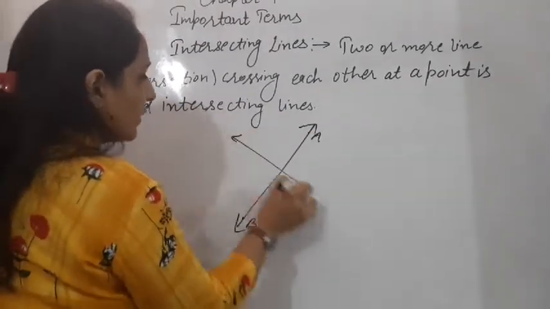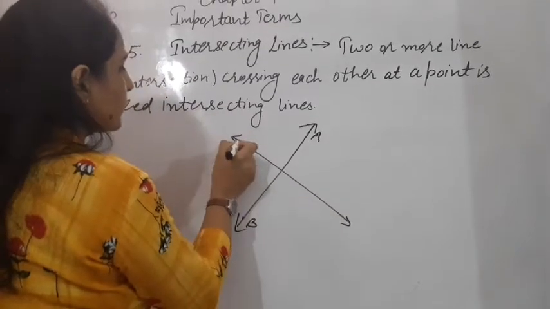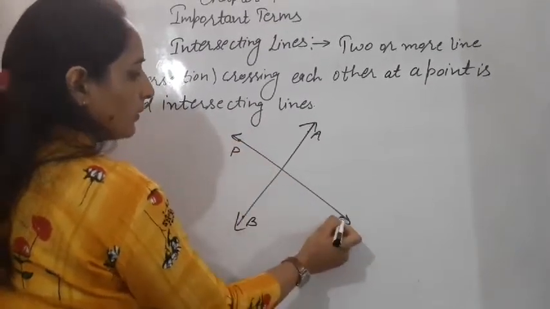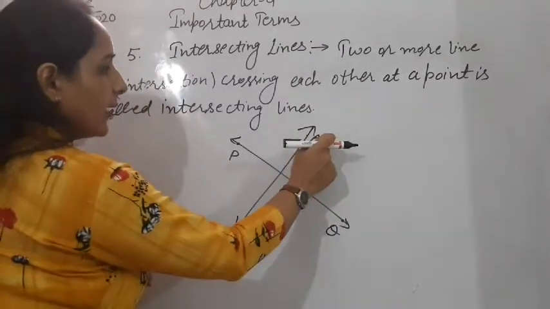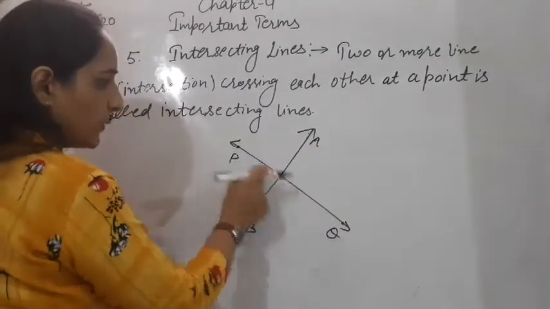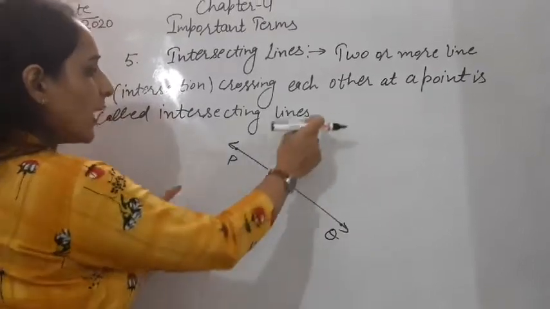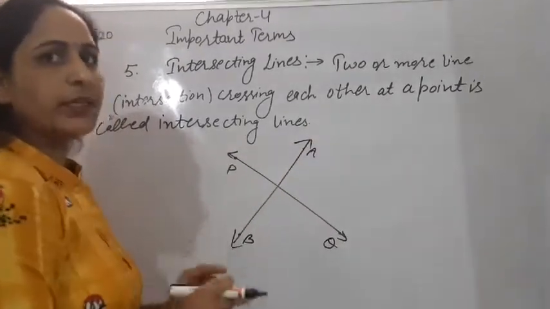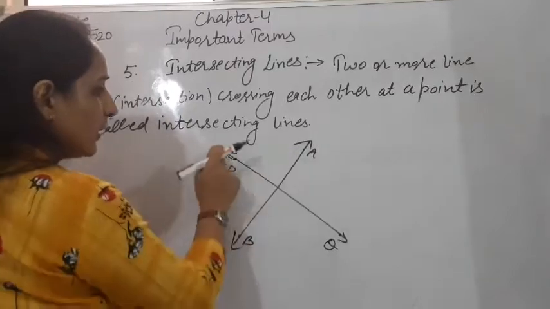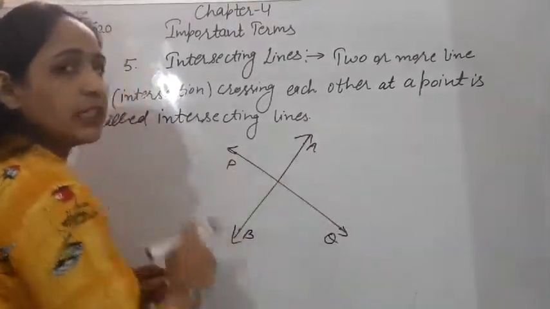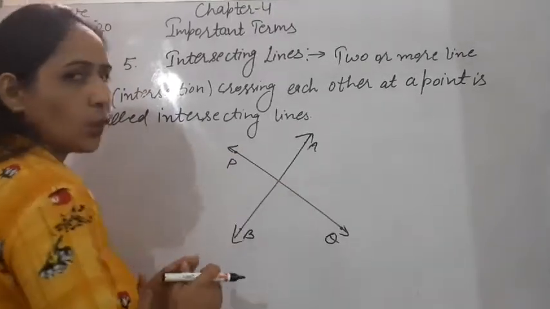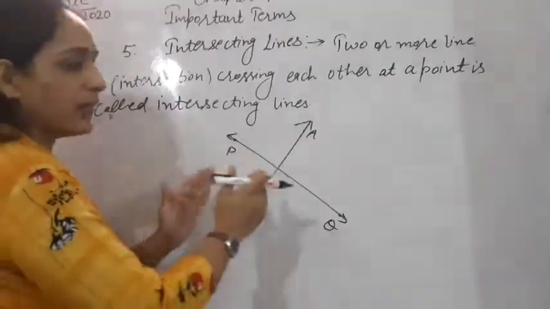Now I am taking the next line, that is PQ. Clear? Line AB and PQ are both crossing each other. They are intersecting. So these are called intersecting lines.